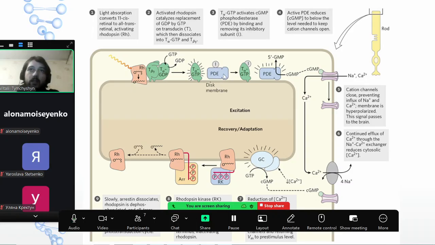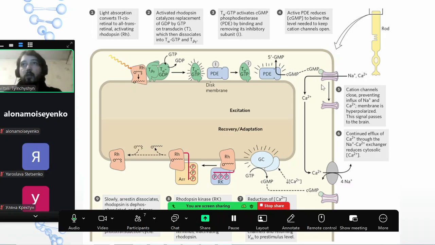Here is the phosphodiesterase, PDE. It's connected to the disc membrane, and basically it binds and removes its inhibitory subunit. So here it is, this is the inhibitory subunit, and this activates the phosphodiesterase, and it starts transforming cyclic GMP into 5' GMP. That reduces the level of cGMP in the cell.